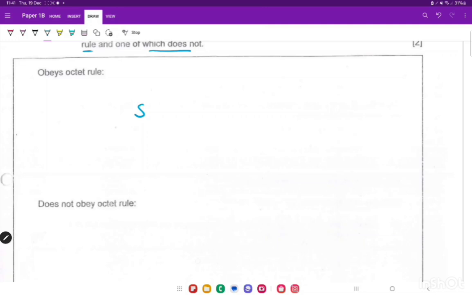In this, the sulfur will have a double bond to O, a single bond to O, and a coordinate bond to O. 1, 2, 3, 4, 5, 6 here. 1, 2, 3, 4 electrons here. And 1, 2, 3, 4, 5, 6 here. Sulfur is octet complete. Therefore, this is as per the octet rule.